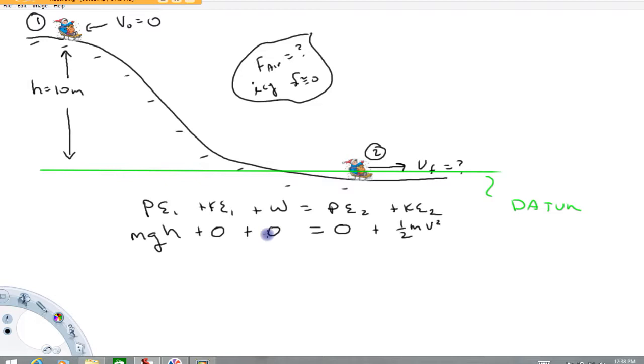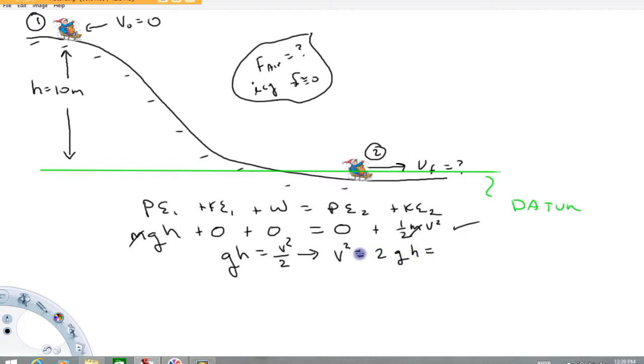All right, so here's our work energy equation applied to this problem. The next step would be to just go through it and simplify it. We don't need the zeros, and also the mass is common to both terms here. So it simplifies pretty fast. It boils down to basically gh equals v squared over 2. It's pretty easy to solve for v. Actually, I'll just solve it for v squared: 2gh.